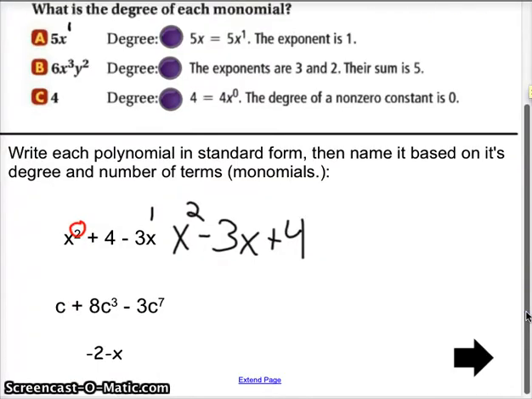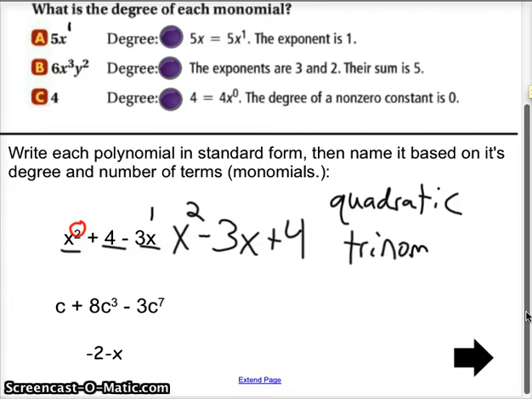So degree 2 is going to be a quadratic. Then I count 1, 2, 3 terms. 3 terms meant it was a trinomial. And again, all the vocab you will need for this page is going to be in that chart that you already filled out for me.